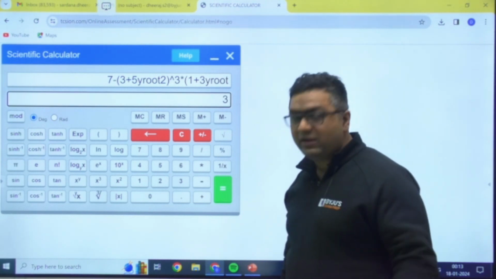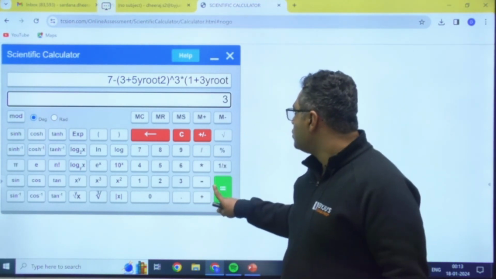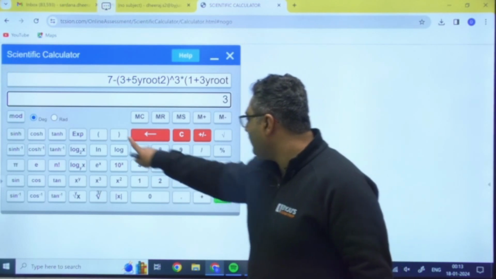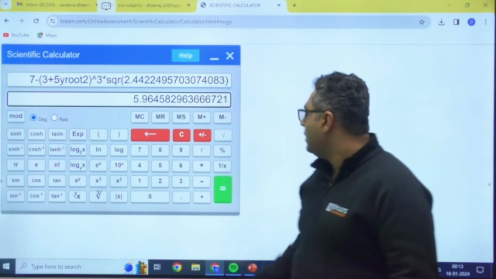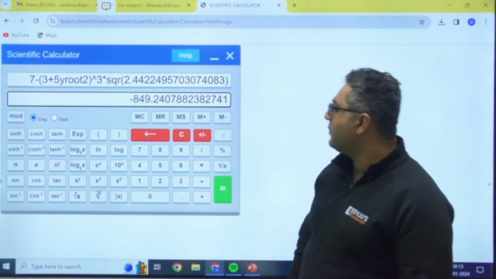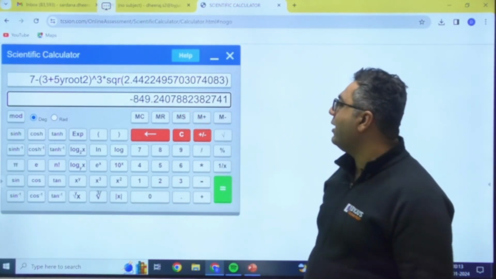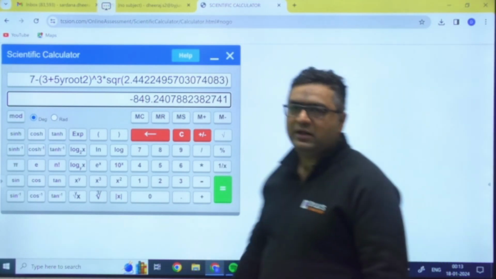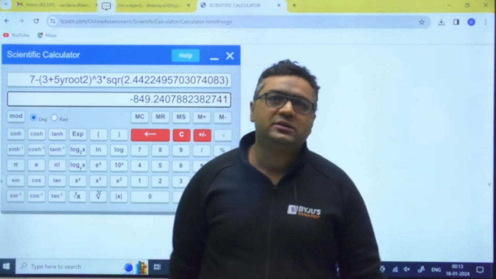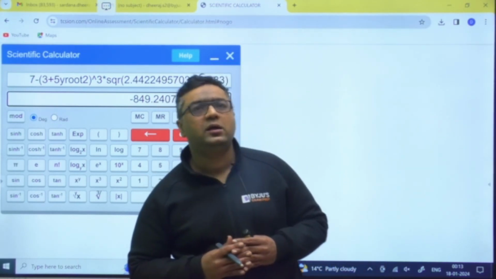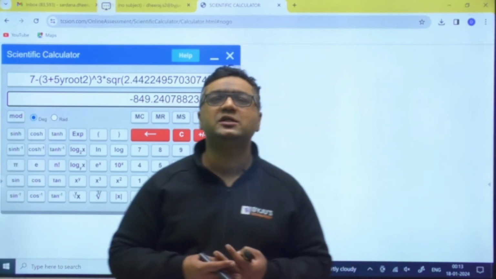After that we were having the square of that also, so we would close the bracket first, and then go for square of that, and then we will go for equal. It is coming out to be minus 849.2407, whatever it is coming, you can check it as well. So I feel, guys, we have done some calculations as well.